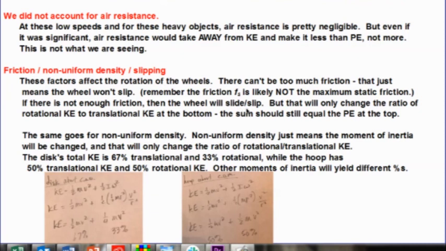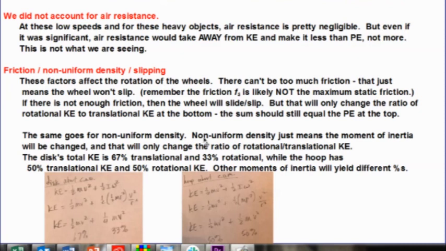But the only effect that has is that it's going to change the ratio of the rotational kinetic energy to the translational kinetic energy. Remember, the total kinetic energy is the sum of those two, and that should still be equal to the potential energy at the top, even if it does slip. Same thing goes for non-uniform density. If you think about the disk, that is uniform density, but the hoop is very non-uniform density.